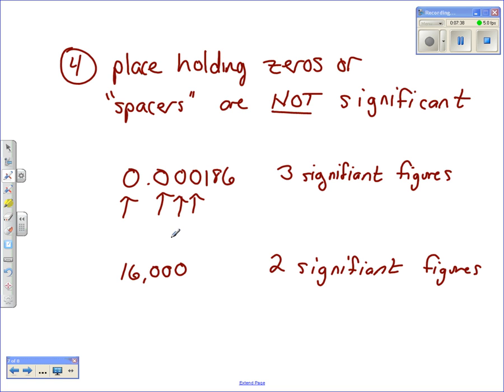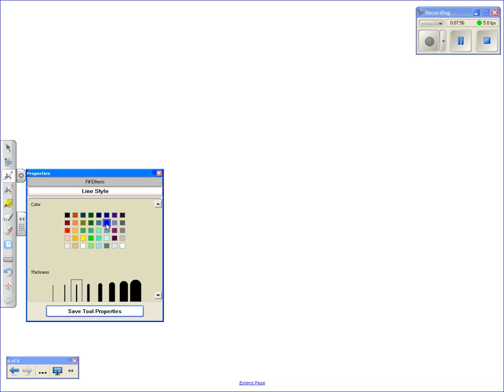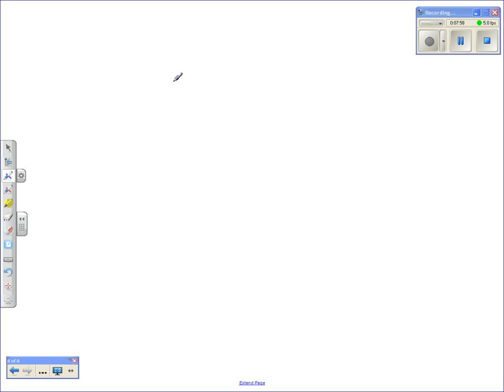Okay, so these are the basic rules for understanding significant figures. And we can go ahead and go to the last slide here, and we'll look at some examples and try to use these 4 rules to identify what is significant and what is not. So with a different color here, we're going to look at 6 examples. The first one is going to be 1.034. The next one is going to be 70.